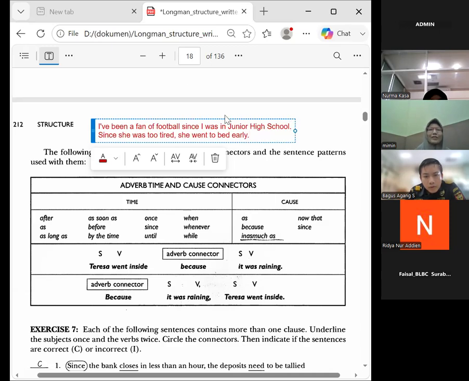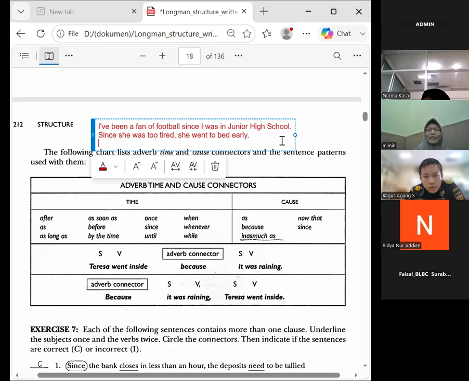So let me give you another example. Or can you think of another example? They have lived in this town since they, for example, resigned from their job.